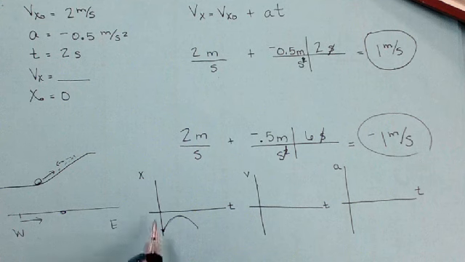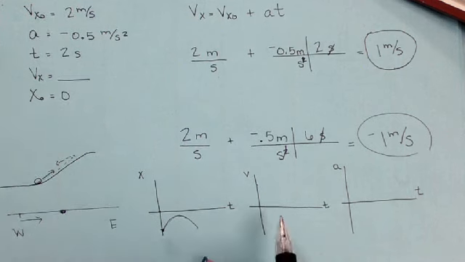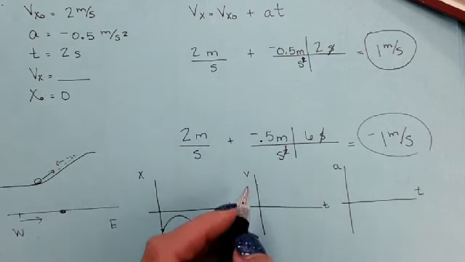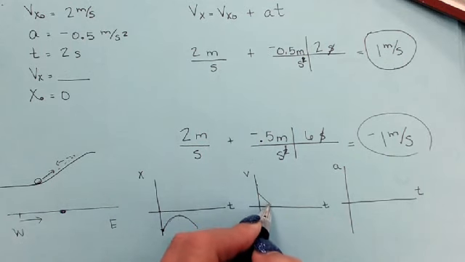Okay, that's kind of a tough one. We never made it to the hole, so we didn't even make it to this line. Okay, for my velocity time graph, I started out with a positive velocity, but it slowed at a constant rate to 0, and then it sped up in the negative direction.